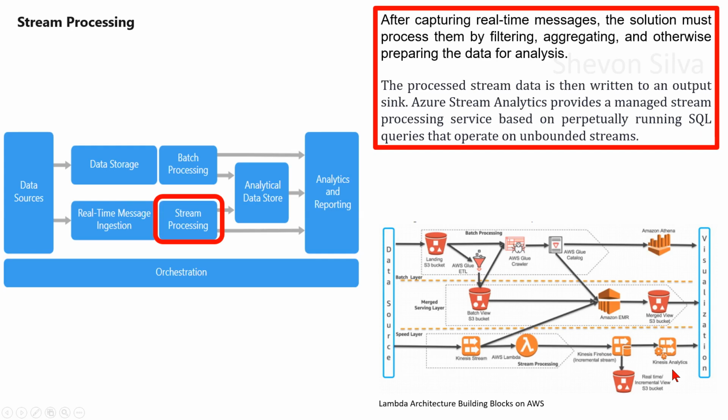Customers can use Kinesis data analytics to build near real-time dashboards for metrics analyzed in the streaming layer. Here you can see a speed layer. Data source is connected to Kinesis stream. It is connected to AWS Lambda.